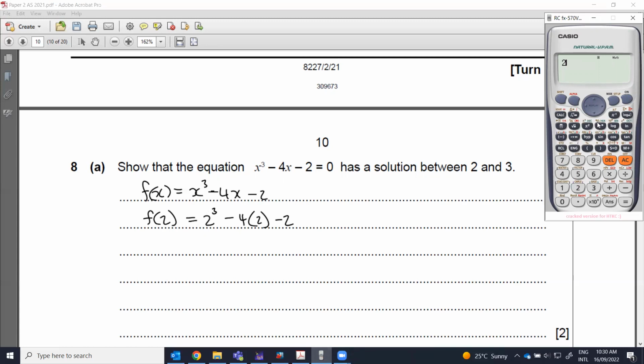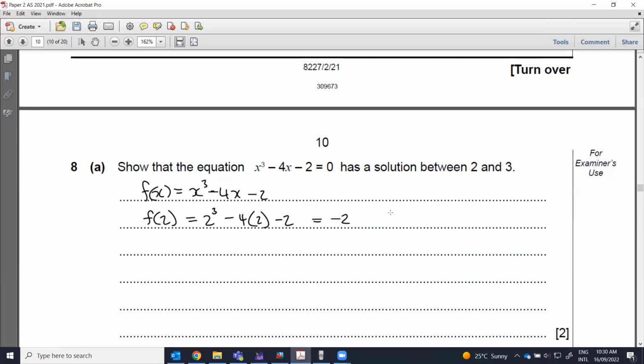So we have 2 cubed minus 4 times 2, then minus 2. This is negative 2. You can see my answer here is negative. That's important to take note of. Then I do the same thing, f(3): 3 cubed minus 4 times 3 minus 2.